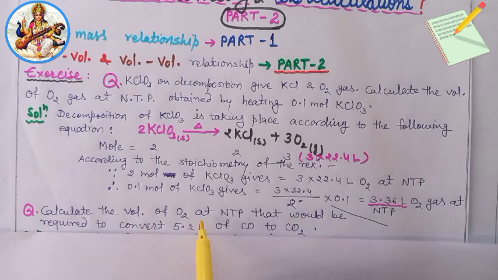Now the next question. Calculate the volume of oxygen at normal temperature and pressure that would be required to convert 5.2 liter of carbon monoxide to carbon dioxide.